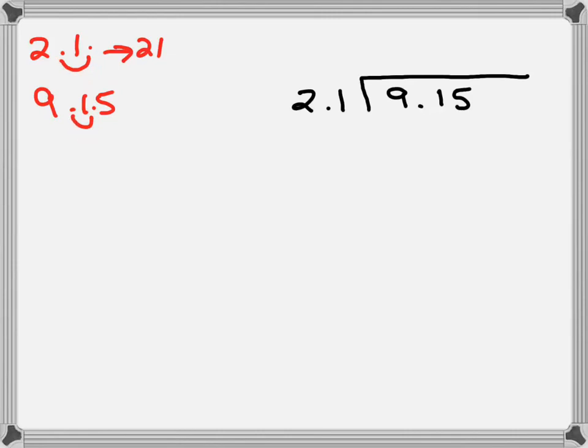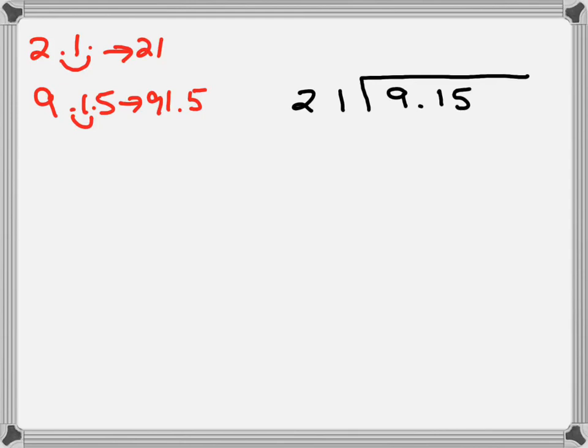So 9.15 is now going to become 91.5. So our new numbers: the outside is going to be 21 and the inside is going to be 91.5. Let us erase the little decimal here, and now we have a whole number here, 21, to match that over there, which we did as our conversion.